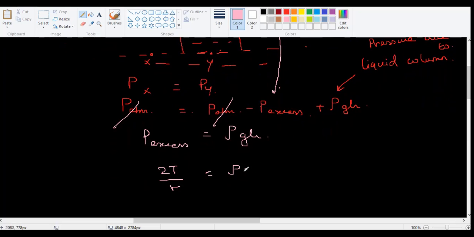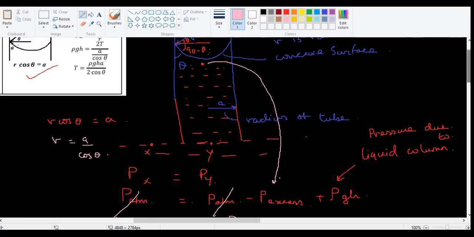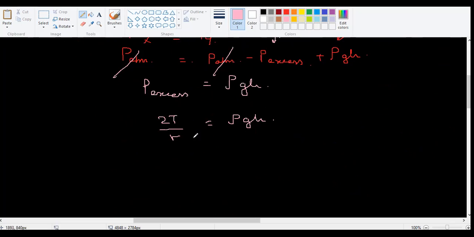There are two different radii, so don't confuse them. What is R? Just now we found that R is nothing but A by cos theta. So R is equal to A by cos theta. As I told you, measuring R is difficult, whereas measuring A is easy, and theta is easy from the table. That means 2T by (A by cos theta).